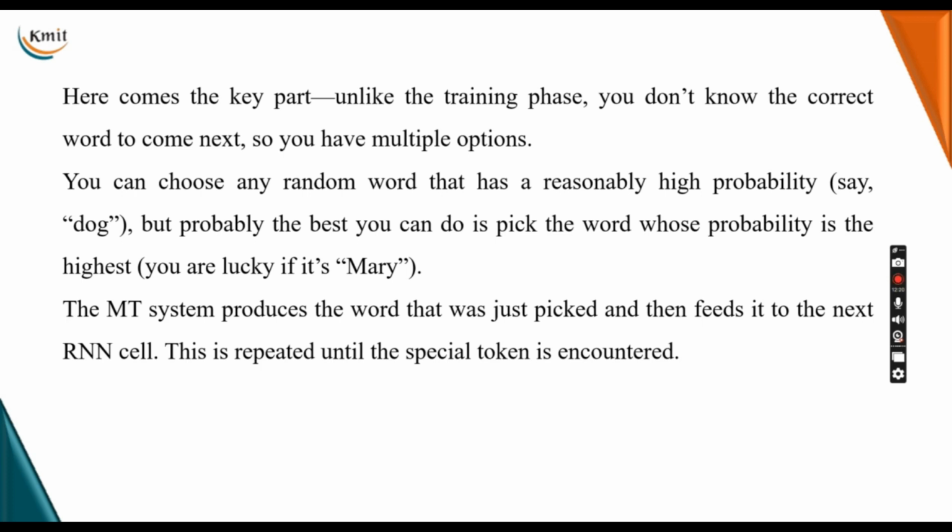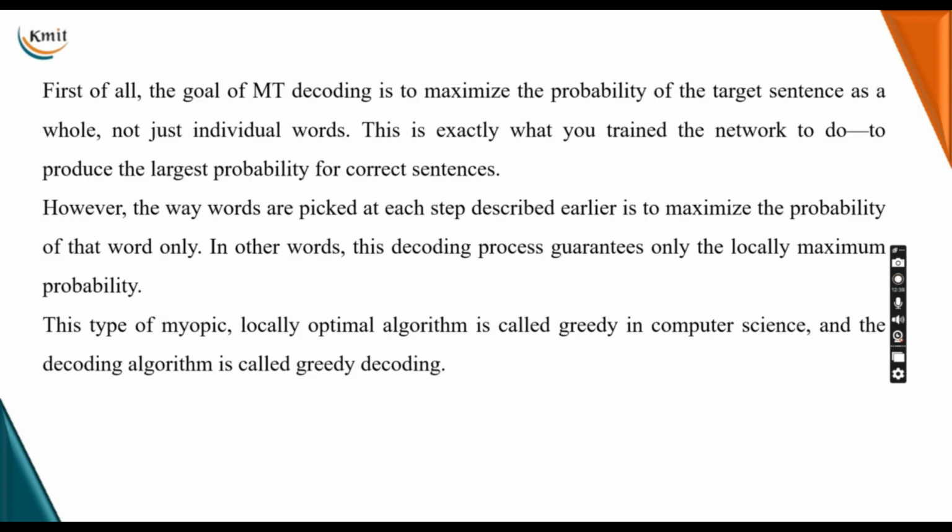Now, after we are done with this, when we evaluate our MT system, because it is doing everything it can, we are not sure about the best possible translation. So here comes the key part. Unlike the training phase, we continuously repeat the process.